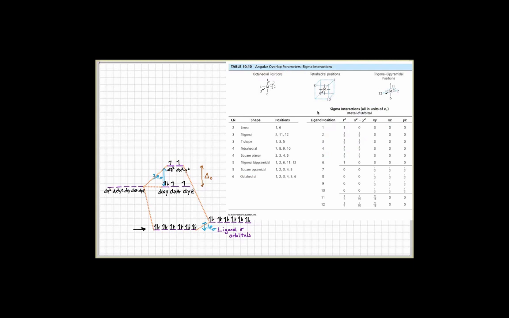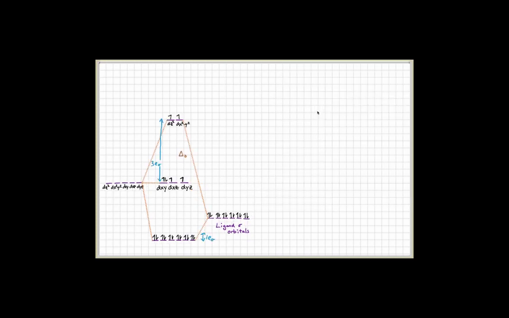Okay, let's assume that we have pi interactions. And I'm going to stretch this diagram out because it'll be easier to show the pi interactions and show the change in the diagram. So this is the same diagram we were just looking at. I've just stretched it out a bit, elongated it, so it'll be easier to see how the orbital energies change with the pi interactions.